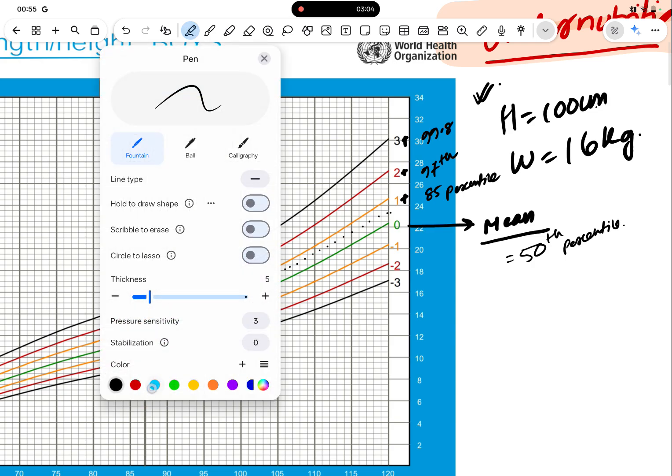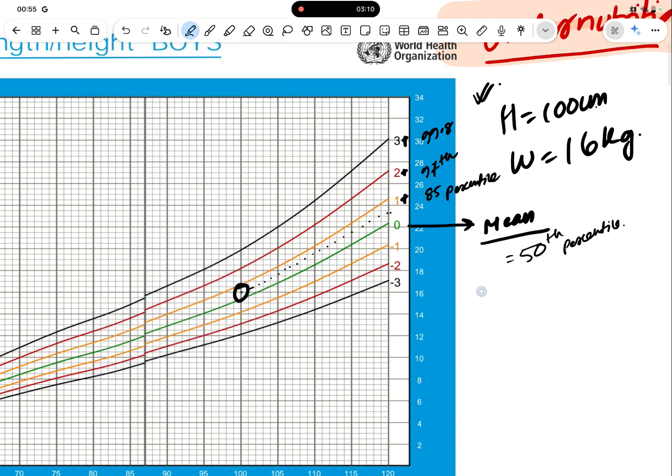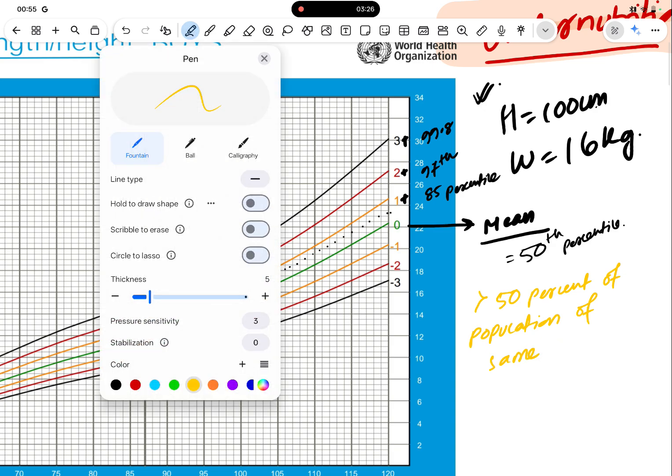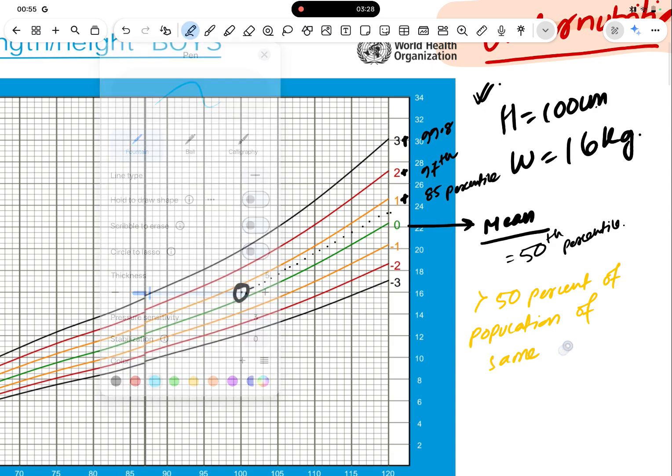That is, it is between plus 1 and 0, means more than 50% of population of same age and sex.